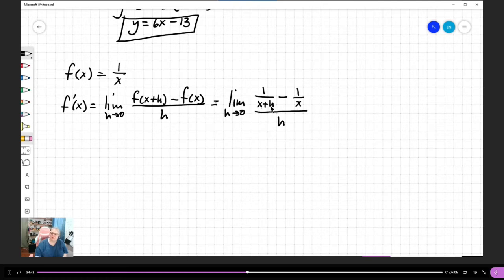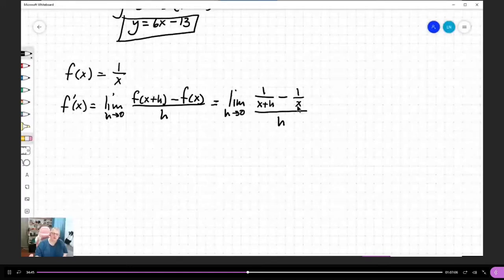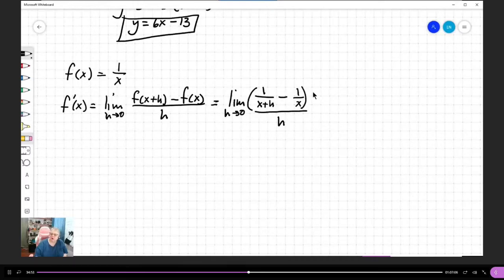One has a denominator of x plus h, one has a denominator of x. So that makes my common denominator x times x plus h. So I'm going to multiply the numerator of the big fraction by x times x plus h, and the denominator of the big fraction by x times x plus h.